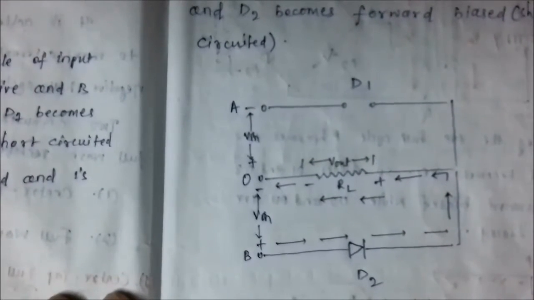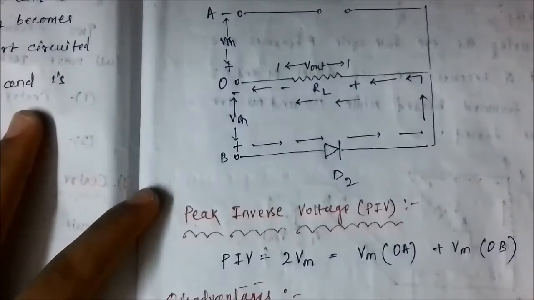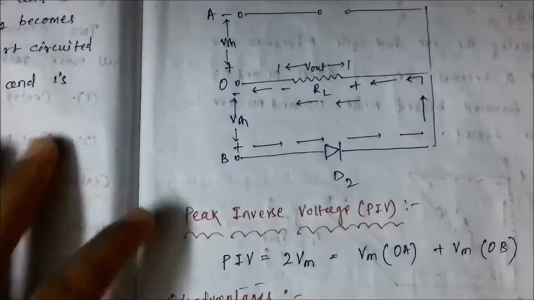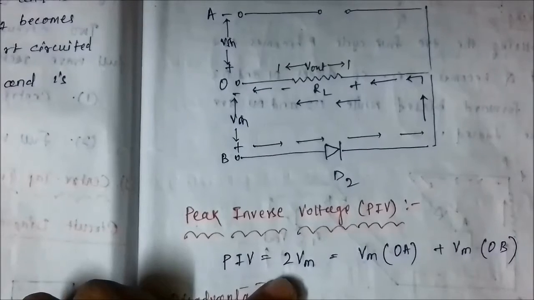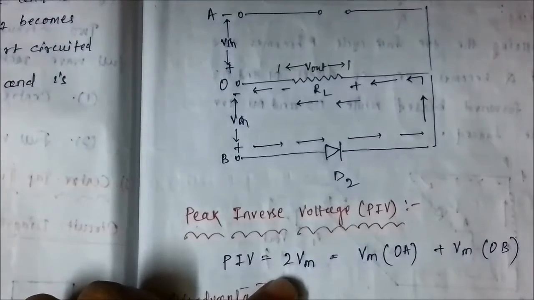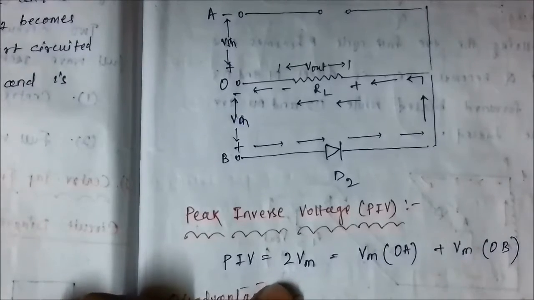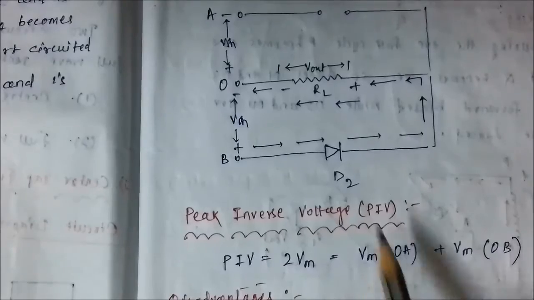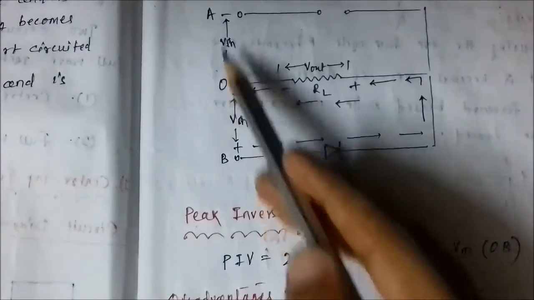Now another parameter which comes into play here is the peak inverse voltage. The peak inverse voltage is the maximum reverse voltage to which the entire circuit is subjected. We know that the voltage which appears across the primary winding is equal to 2 Vm, but it divides itself equally within the center tap point OA and OB.